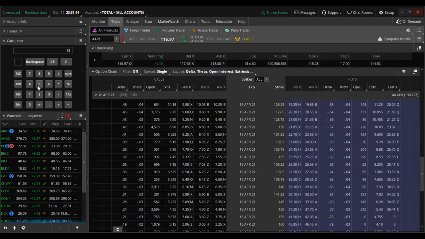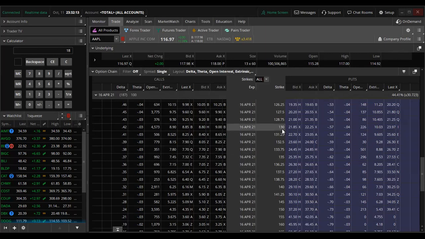So if we subtract 135 minus, we'll round this up to 117, you'll get $18. So then what I would do is I would go to the strike and I would go up $18 to find out what the price of the contract is, $18 above my strike price.